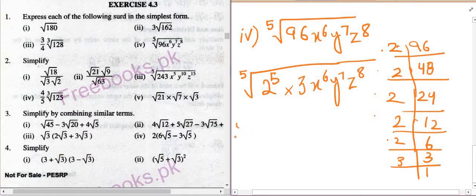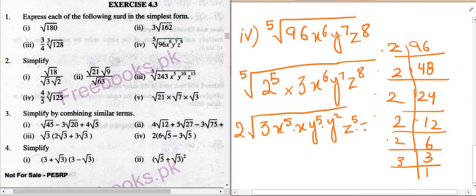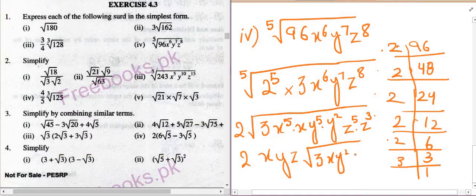Okay, now 2 is written like this, and this becomes 3 x^5 dot x y^5 multiply 2 z^5 multiply z cube. It becomes 2 x y z root of 3 x y square z cube, and this is the fifth root. Clear? This is the answer.